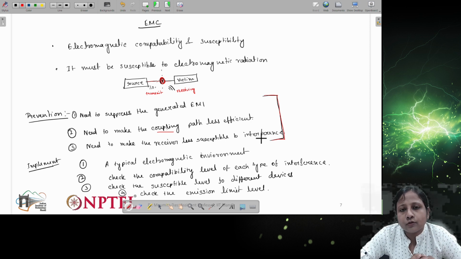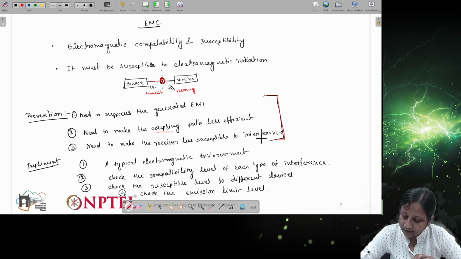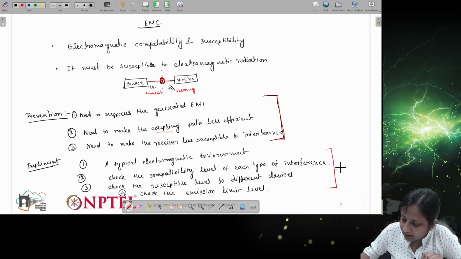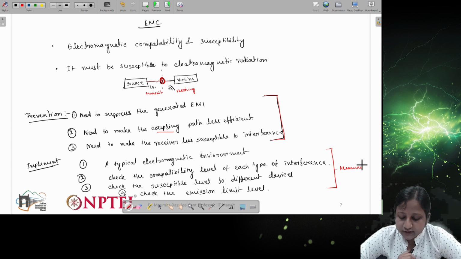Now how do we prevent them? First we have to measure the noise level, whether it is conducted, differential, or radiated EMI. What is the noise level?